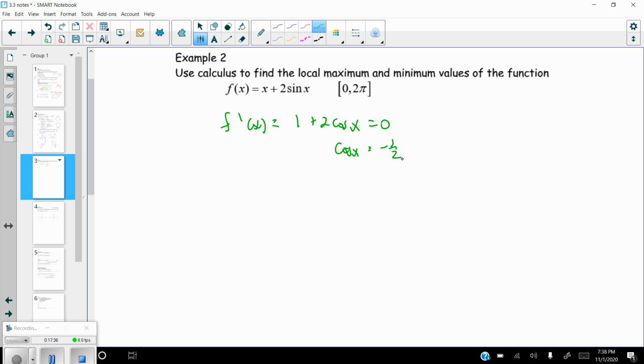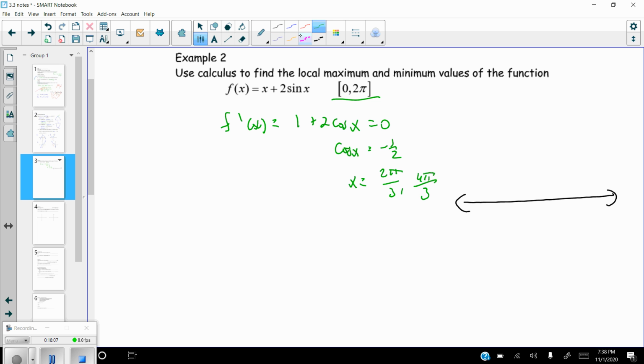So now it's only limited to between 0 and 2 pi, which is good. So I just need to figure out where on the unit circle this occurs. Cosine is going to be 1/2 at all of the pi thirds. So we just have to figure out that cosine is negative in the second and third quadrants, which is going to make that 2 pi thirds and 4 pi thirds. So those are our critical values. We're going to set up a number line, just like we did before.